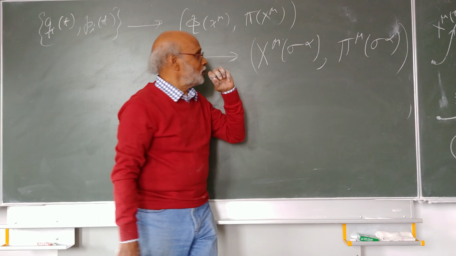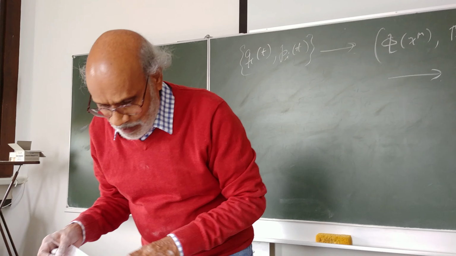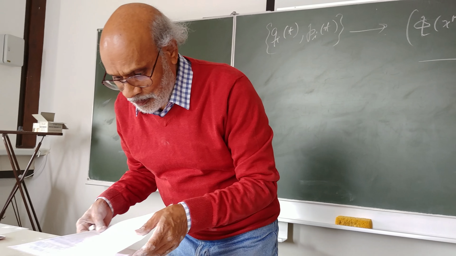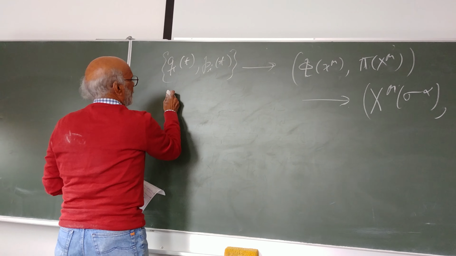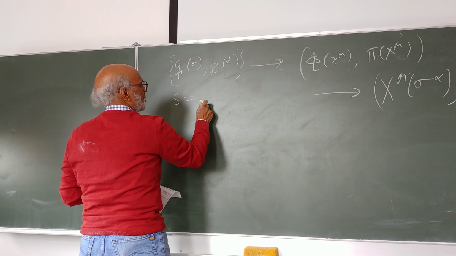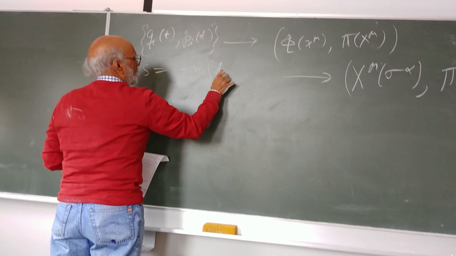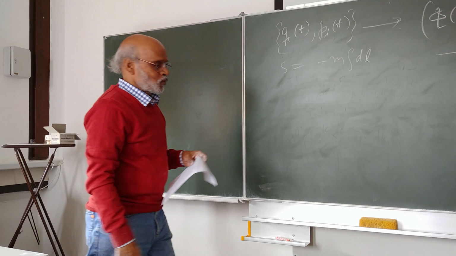Okay, so now I think your point will become clear once we write down, let us say, what happens in our relativistic point particle action, which was proportional to length, right?